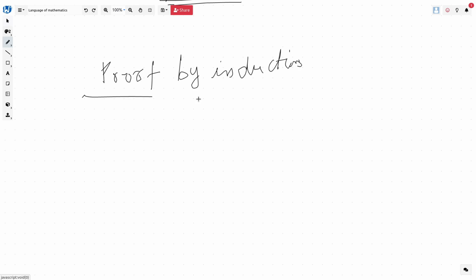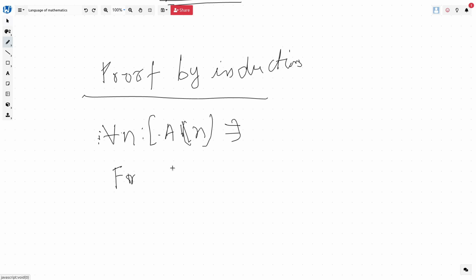So this says that given any n, it always talks about the natural numbers, so it says for all n, if a_n holds, a_n is true, this implies that for n plus 1, a_(n+1) should be true.